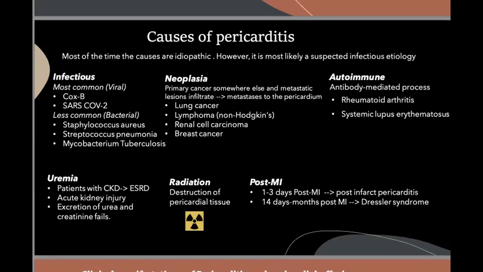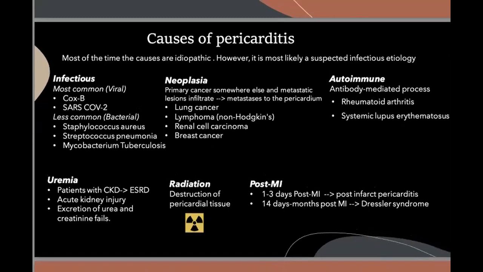Another cause will be uremia, and this is in patients with chronic kidney disease. And when we say chronic kidney disease, we actually mean end-stage renal disease, where the patient is on hemodialysis. Uremia can be due to acute kidney injury, and in this case we have complete failure of excretion of urea and creatinine.